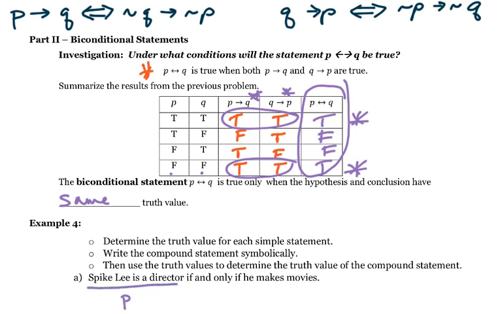We'll call that P. He makes movies is going to be our Q. Spike Lee is a director. That is true. He does make movies, that is true. So if we have P if and only if Q, based on this statement, that is a true statement. Because both of the simple statements have the same truth value.